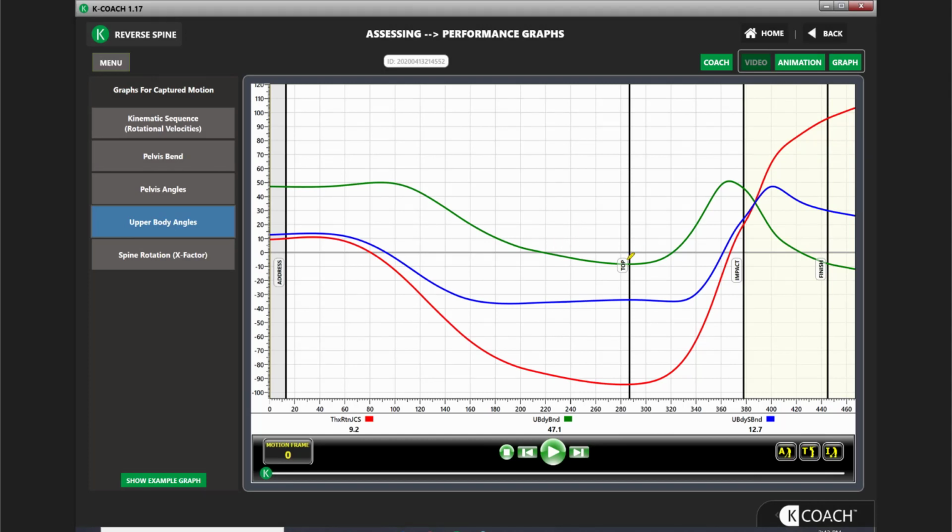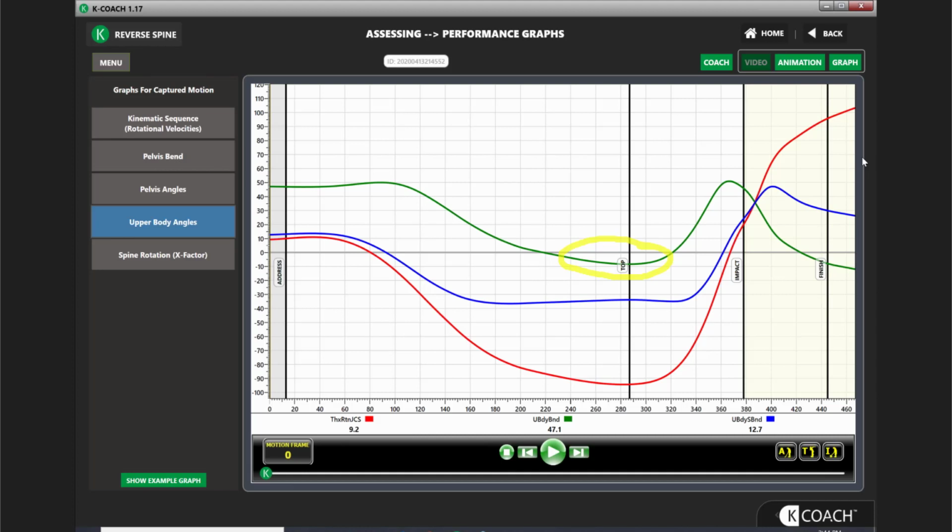Okay, we're going to look at the green line at the top of the swing. That's the upper body bend. And if it goes into the negative values or below the 0 axis, you are more than likely going to be in reverse spine angle. Now, the degree at which you go into reverse spine angle is also important.